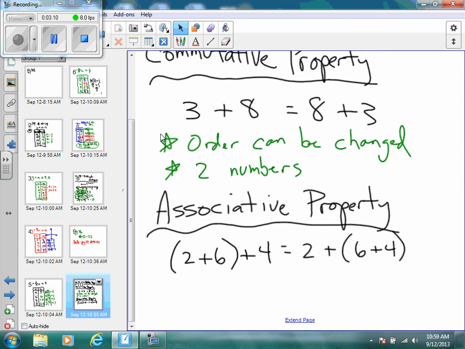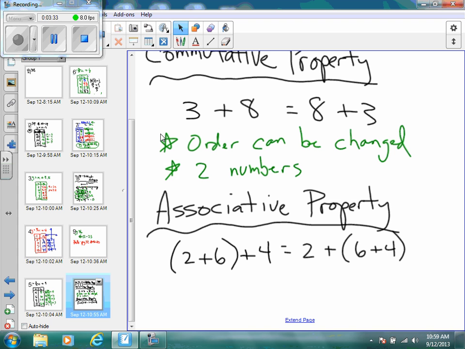Now, we spoke briefly yesterday about the parentheses and their meaning. What does it mean when you see the parentheses there? As far as you're working on the problem, what does that tell you, Edsel? You should do that first.